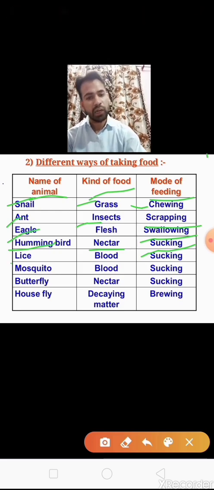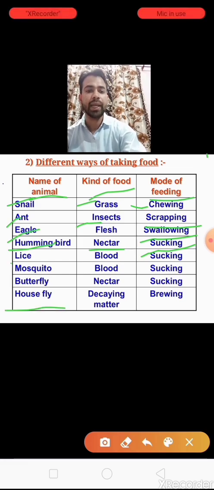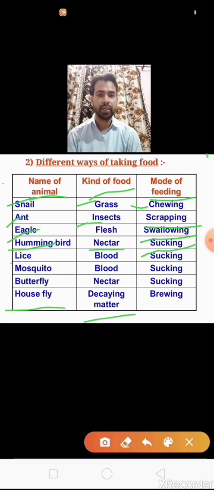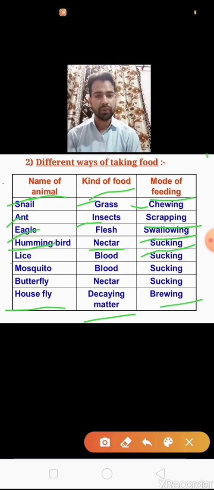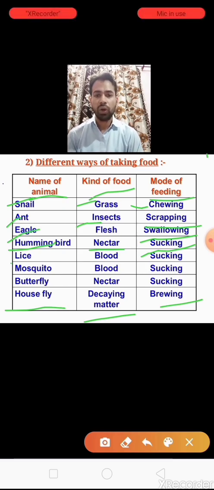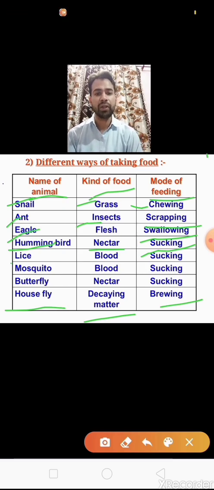Okay, housefly, they take decaying matter as food, and the mode of feeding is sponging. Okay, so we can say that different organisms have different ways of taking food.